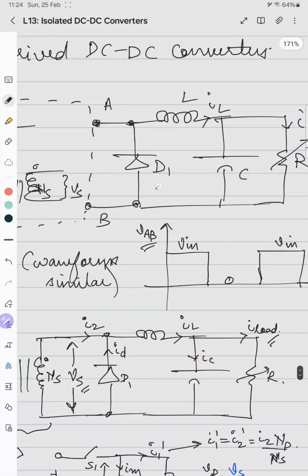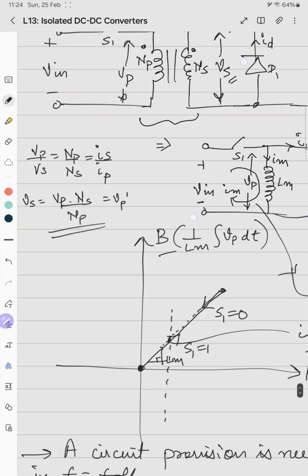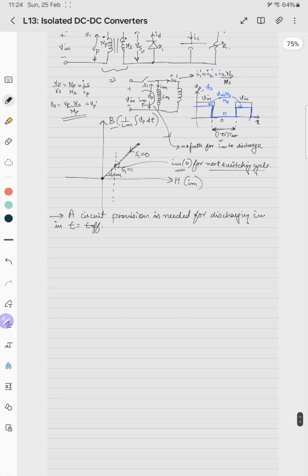So we added this diode D1 for the current IL to freewheel. Similarly, we'll add a diode across it. Vin, S1, D2. Say this is D2.